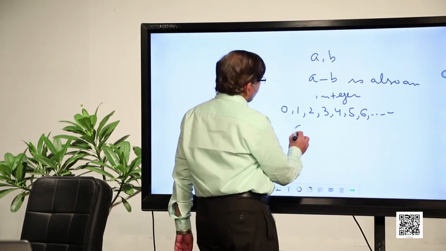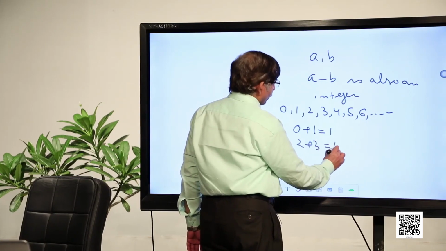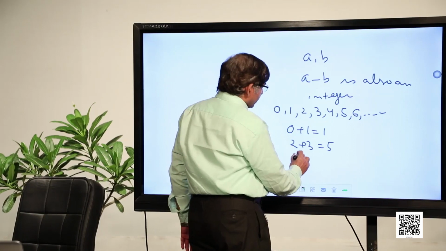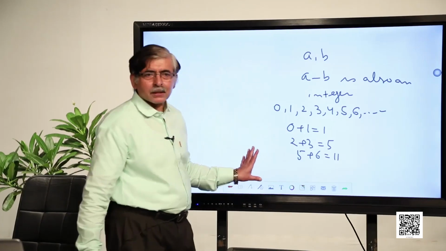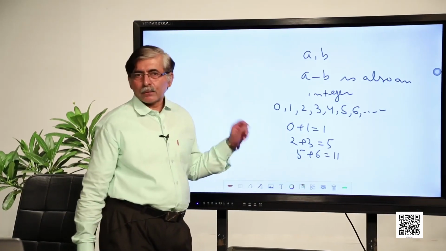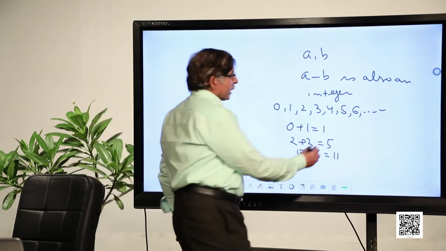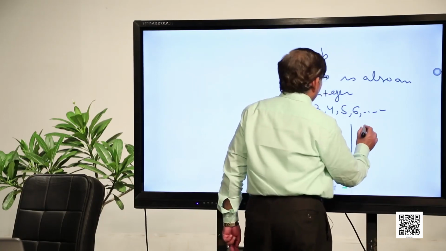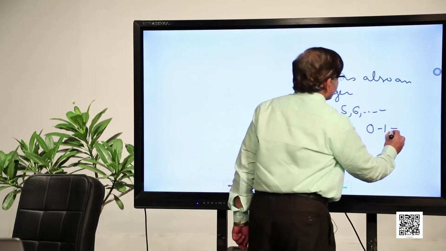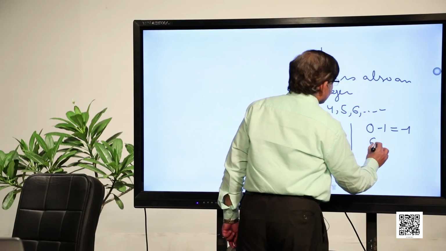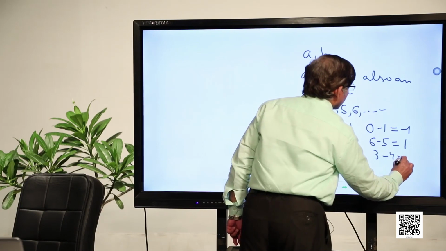So, we can take 0 plus 1, it will always be 1, 2 plus 3 is 5, and 5 plus 6 is 11. So, we have seen that if we add two whole numbers we may get a whole number, but if we subtract two whole numbers like 0 minus 1, this will be minus 1, and 6 minus 5 is equal to 1, again 3 minus 4 is equal to minus 1.